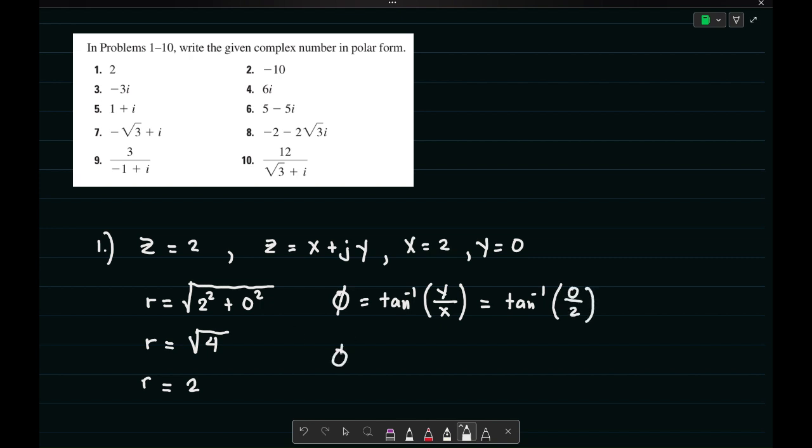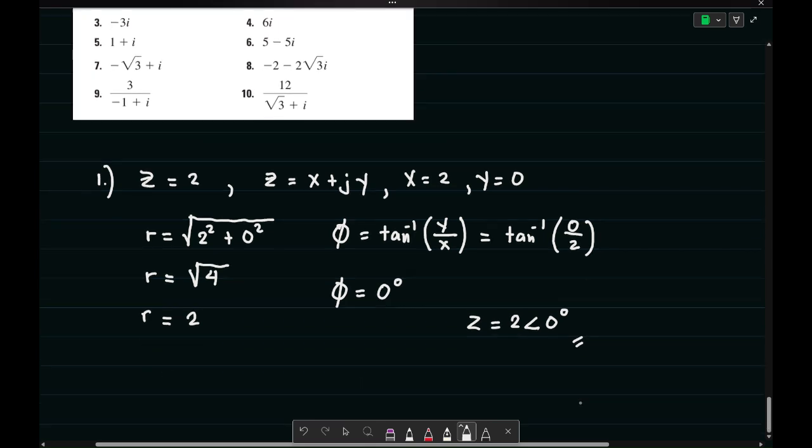That is equal to 0 degrees, since the complex number is in quadrant 1. So we will have the polar form of z is equal to 2: r, the magnitude of 2, and the angle of 0 degrees.